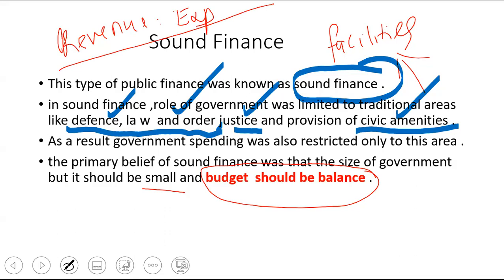That means income is equal to expenditure. If revenue is difficult, write income. Income is equal to expenditure. That is balanced budget. So a question will come: sound finance believes in dash laissez-faire. In a laissez-faire system, who controls the market? Market mechanism. Third point: sound finance believes in which budget? Balanced budget. Okay, the time is over.